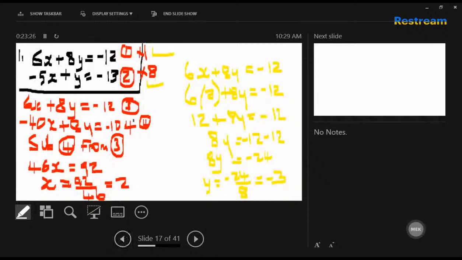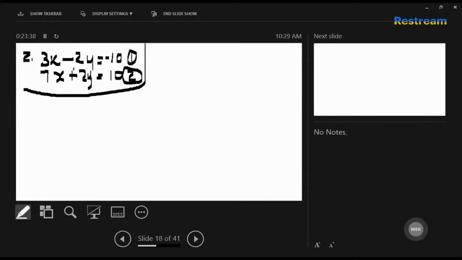You can skip this step here, where you had to multiply the equations by the corresponding opposite coefficients. You can skip this step since we already have digits that are the same. We can go to the second step and just decide whether we need to add or subtract to eliminate.